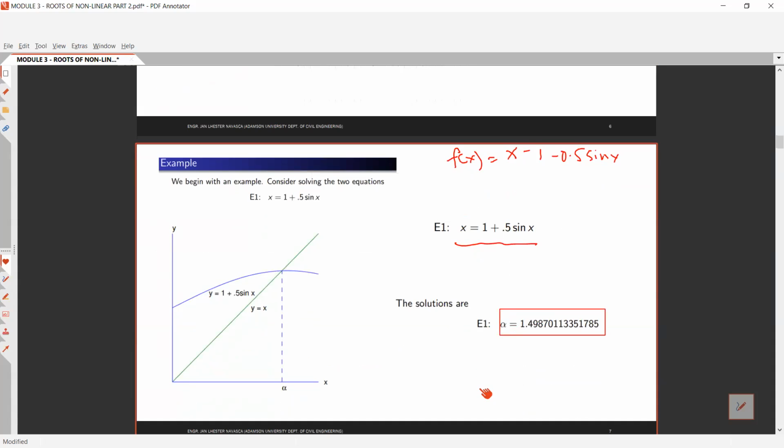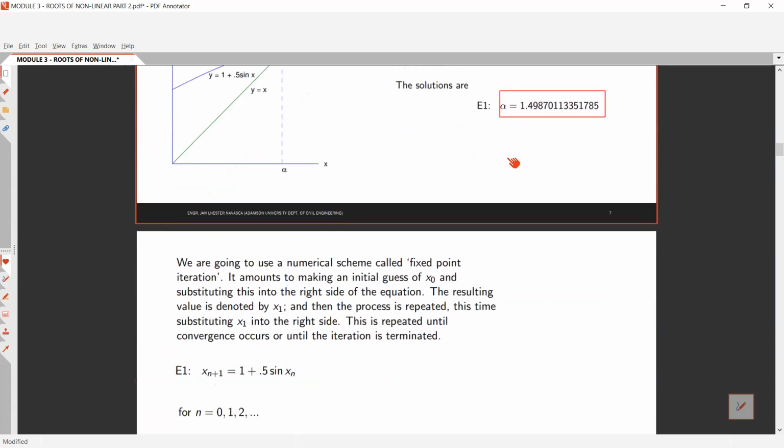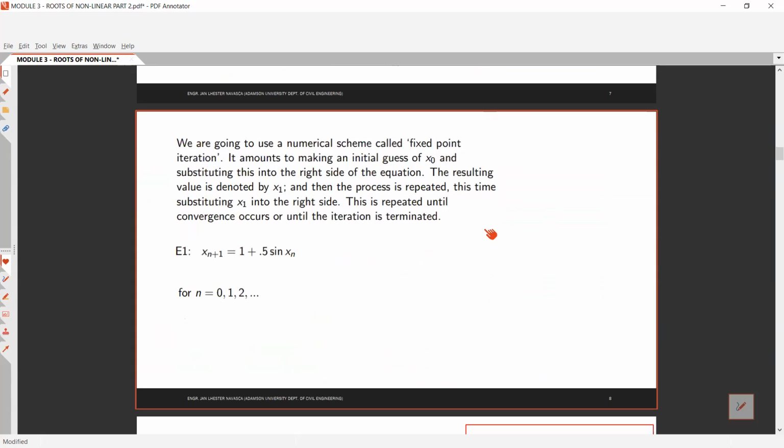For the solution, we are going to use a numerical scheme called the fixed point iteration. It amounts to making an initial guess x sub 0 and substituting it into the right side of the equation.